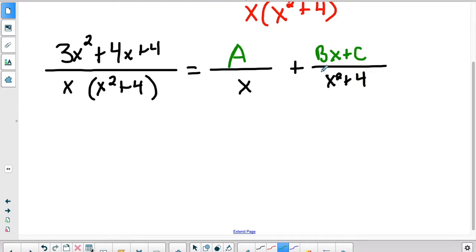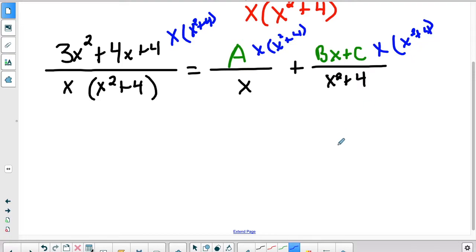Now that we have it broken up and set up like this, we're going to do our same kind of steps as we've been doing before. We're going to multiply through by the greatest common denominator, so x times x squared plus 4. Now, all of this here is going to cancel out with all of this here.